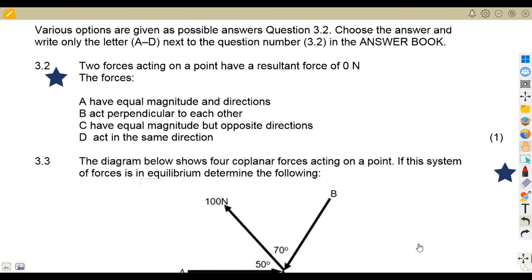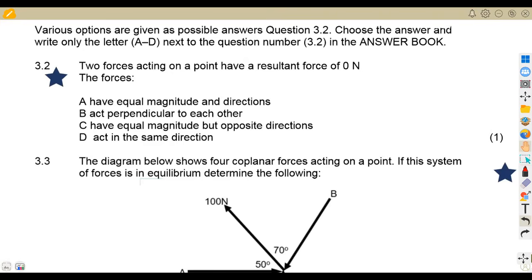How are they related? A, they have equal magnitude and direction. B, they act perpendicular to each other. C, equal magnitude but opposite directions. D, act in the same direction.